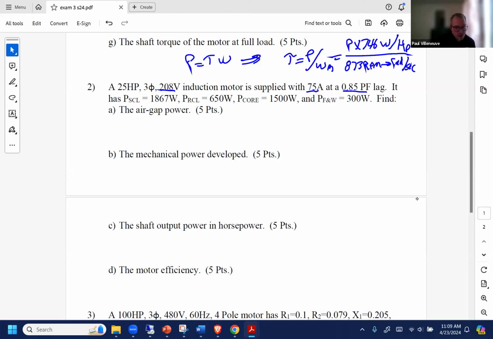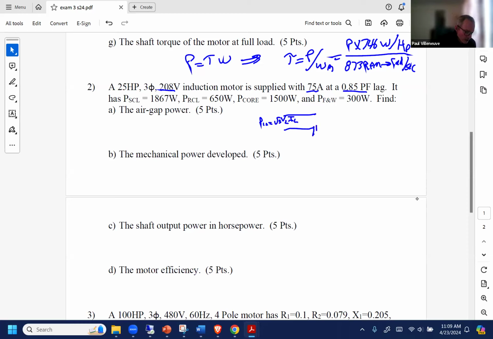I don't have any equivalent circuit parameters, so I can't calculate I1 and I2, but I still need to calculate air gap power. So the only thing I can do is draw my diagram, which has a P in equals square root of 3 times V line, I line.